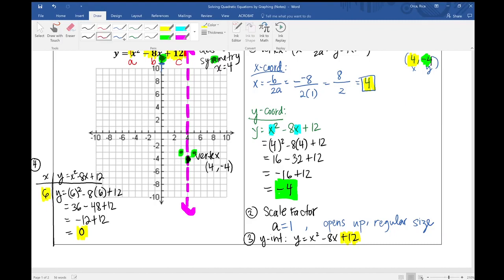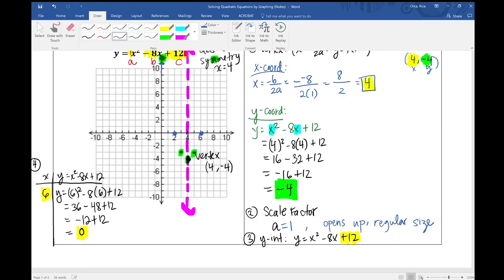Let's plot a point on 6, 0. If I have a point at 6, 0, I know that I'll automatically have a point on the other side of my axis of symmetry. The reflection is going to fall on 2, 0. Now, if you look at 6, 0 and 2, 0, notice how both of those points are on our x-axis, which is exactly what we want.